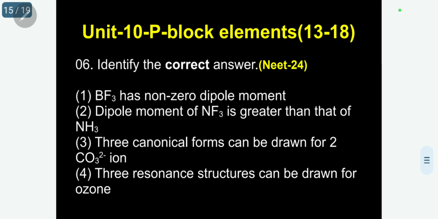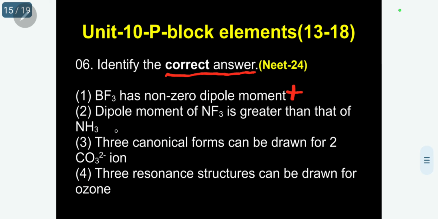So now let me go into detail of the statements. BF3 has non-zero dipole moment. No, it is wrong. Its dipole moment is 0. Number 2, the dipole moment of NF3 is greater than that of NH3.